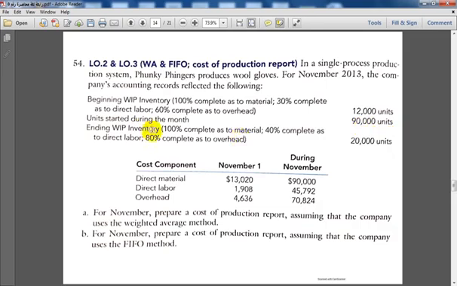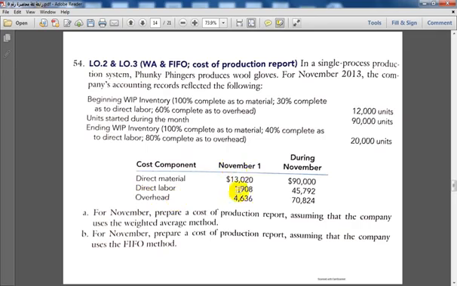Ending work in process inventory 100% complete as to material, 40% complete as to direct labor, 80% complete as to overhead. Units of ending work in process inventory, 20,000 units. Cost components: direct material, direct labor, overhead.